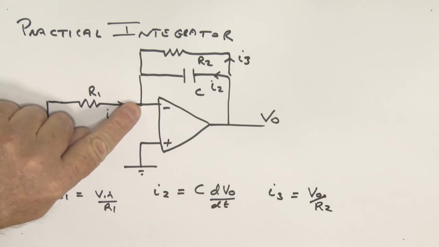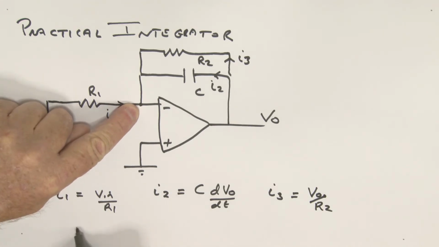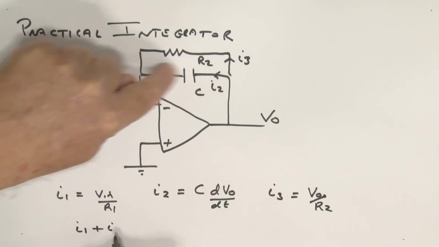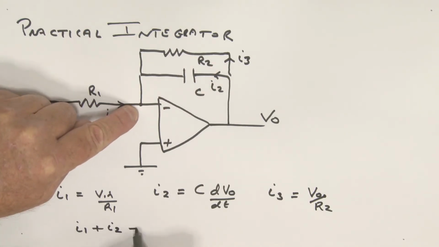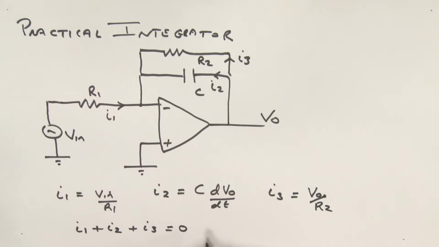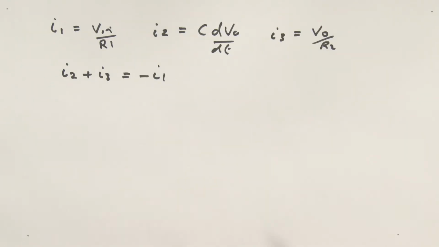Well, we can sum these currents at this node, and we can say that I1 plus I2, because they're all defined as going into that node, plus I3 all equals 0. So if we rewrite this expression, then we can say that I2 plus I3 is simply equal to minus I1.